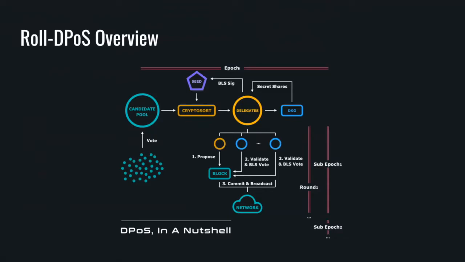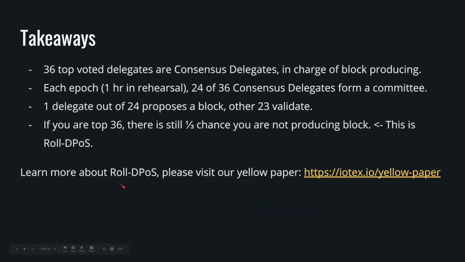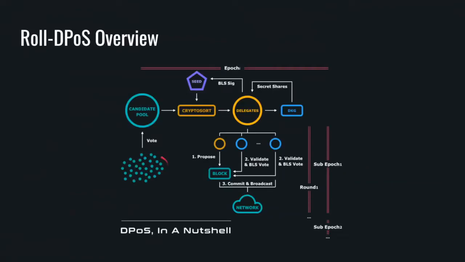From this chart, you can see that among all the delegates who self-staked, they are all considered candidates. From the candidate pool, voters vote for them, and the top 36 are elected as delegates.